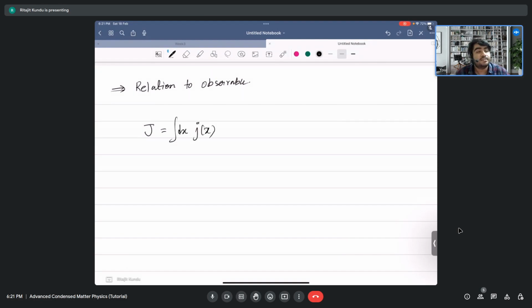a density J(x). This x is an integration over the whole space. I'm not writing any d here, but by dx I mean a volume integral, in whatever space I am. This J(x) has a second quantized representation which looks something like this. These are field operators psi alpha(x), then J alpha beta(x) and psi beta(x).